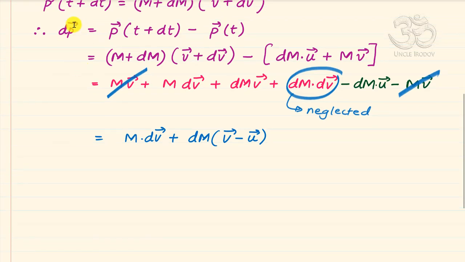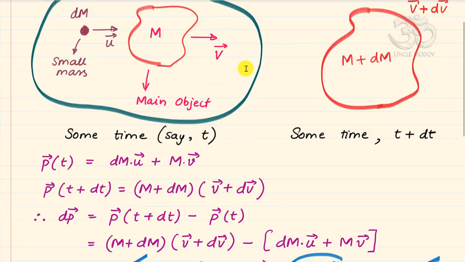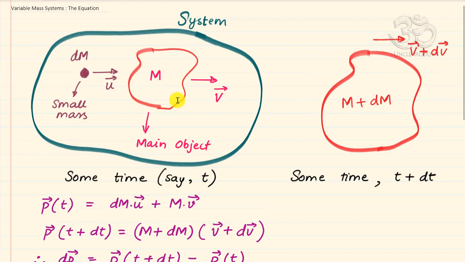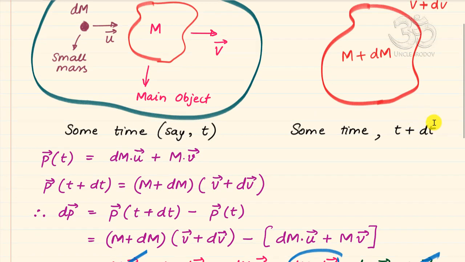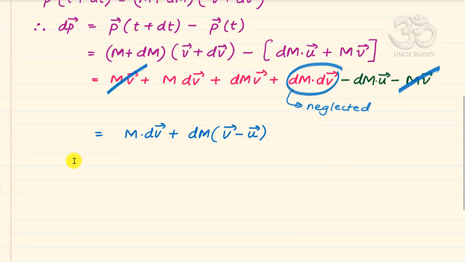Now I have found out the change in momentum of this entire system, the thing that I defined as my system, in a small time dt. So that will allow me to figure out what is the net external force acting on the system, isn't it? So what I can say now is that the summation of all external forces, which is the net external force acting on the system, is equal to dp divided by dt, the rate of change of momentum of the system.